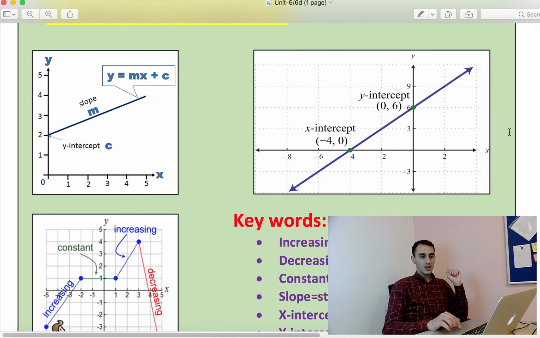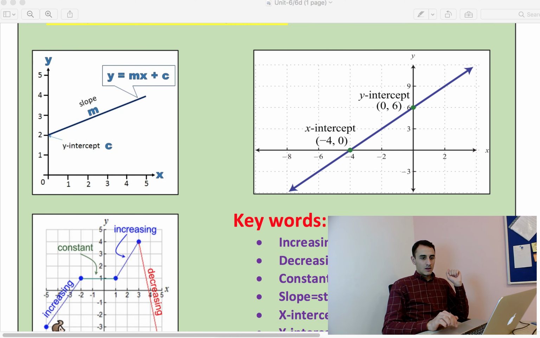So this is our equation of the line, y is equal to m multiplied by x plus c. M represents steepness, c represents y-intercept, and y-intercept means intersection with y-axis. Here I just again try to explain what's y-intercept and what's x-intercept.